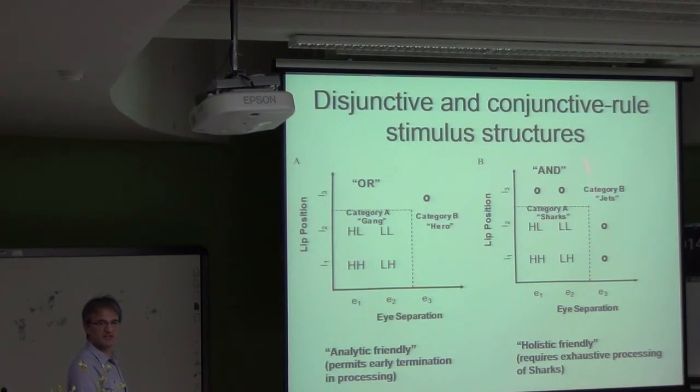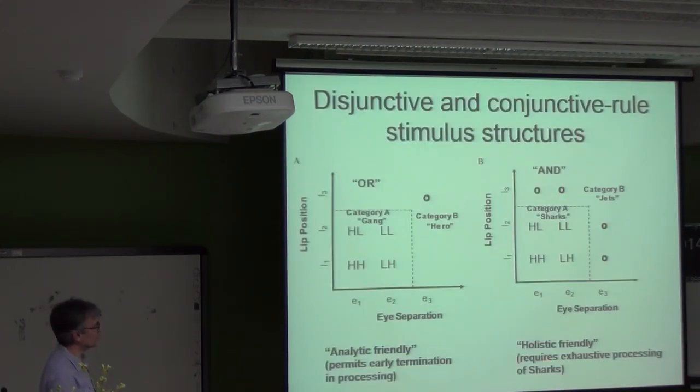In this case, this is a very fast decision. But if you somehow first pay attention to the ellipse position and read this information, you say, oh, look, this could be any of these 3 faces that I met before. So I don't know which one it is. I have to pay attention to eye separation. So in some cases, you have to conduct exhaustive processing. You have to analyze both dimensions.